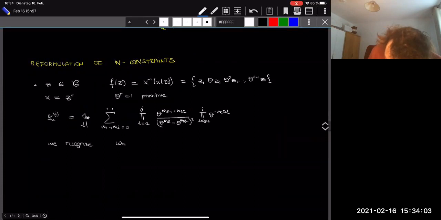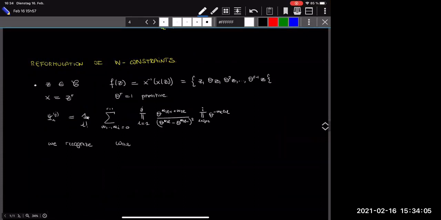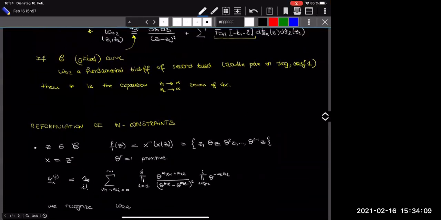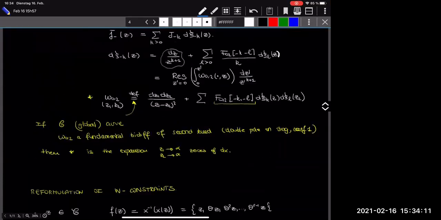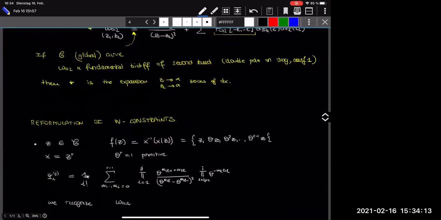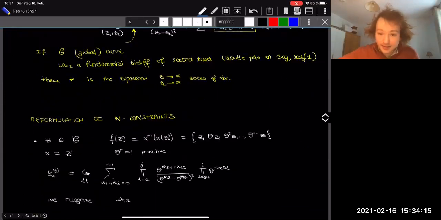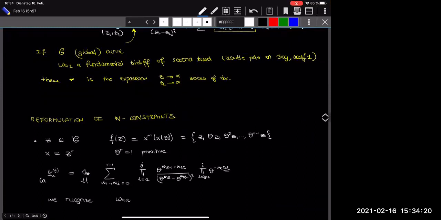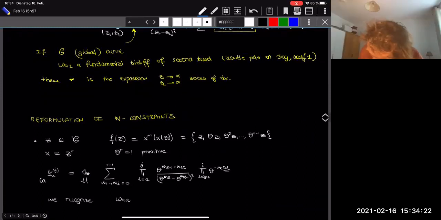So what I recognize here is omega 02. Sorry, Gaetan, in the previous psi ij, there were all of these integers a that you're summing over, and here you have thetas. So what is the relation? Yes, the a's are here. Oh, the a's are the n's? No, the n's I sum over, and the a's are here.